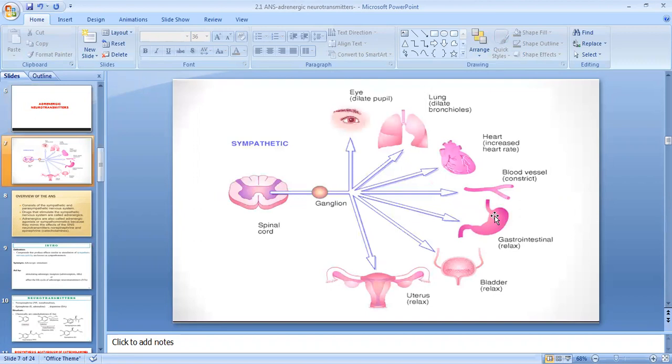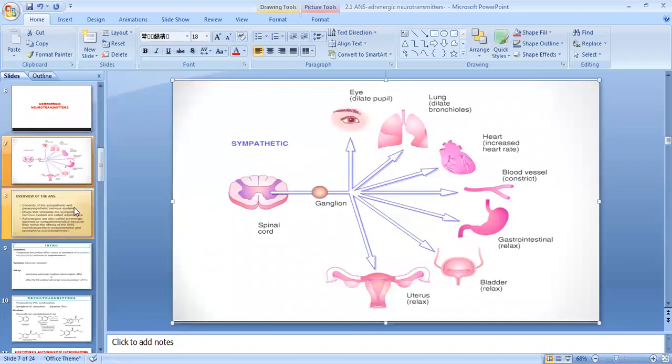We have already seen what type of nerves are involved in the sympathetic nervous system, and what controls this homeostasis in all these organs. In the sympathetic nervous system, the spinal cord and nerve endings are involved in showing the sympathetic response in these organs. What are those organs? Eye, lung, heart, blood vessels, gastrointestinal system, urinary bladder, and uterus.